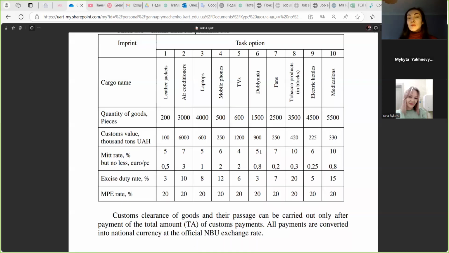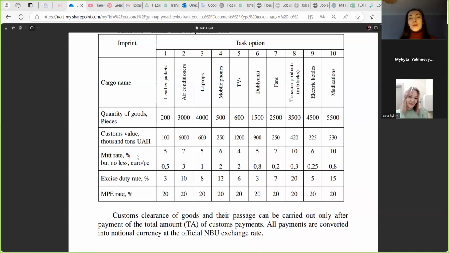It's wrong because we must calculate not tons. Yes, not tons. We have this parameter in thousand, but not tons in hryvnias. It mistakes here.